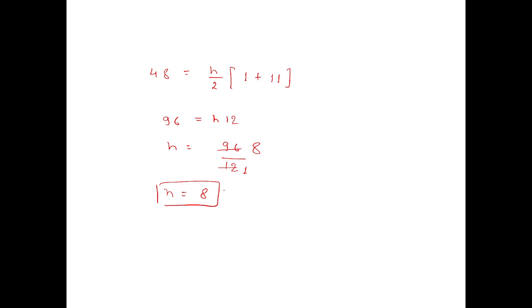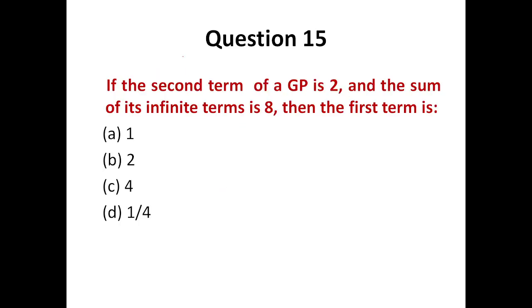Now come to question number 15. If the second term of a GP is 2, so here T2 is equal to 2, and the sum of infinite terms S infinity is equal to 8. So what is the first term? a is equal to what?